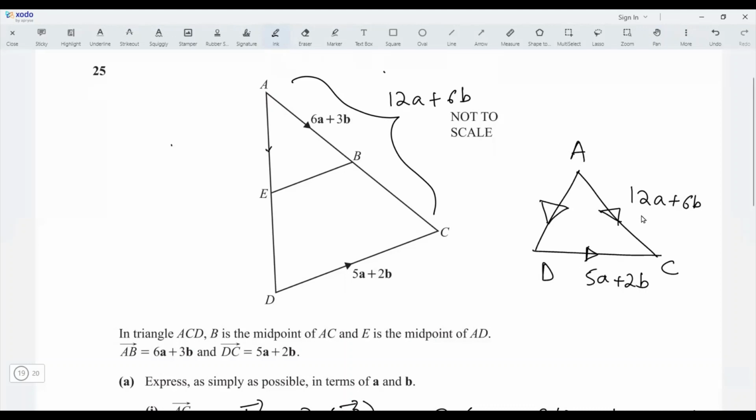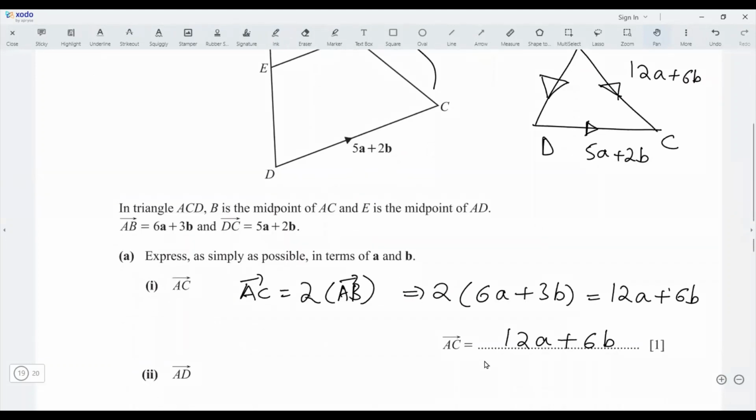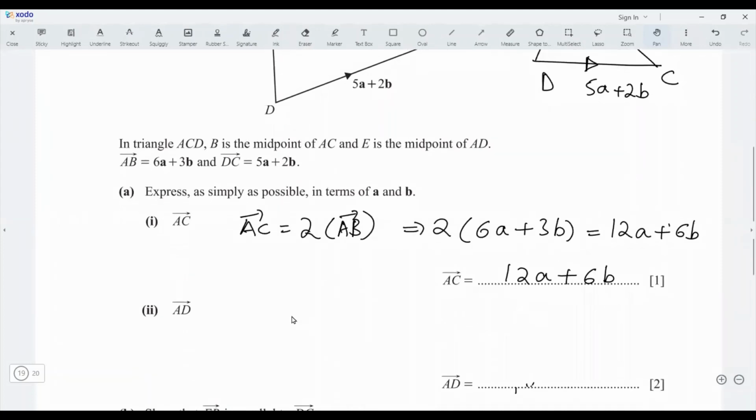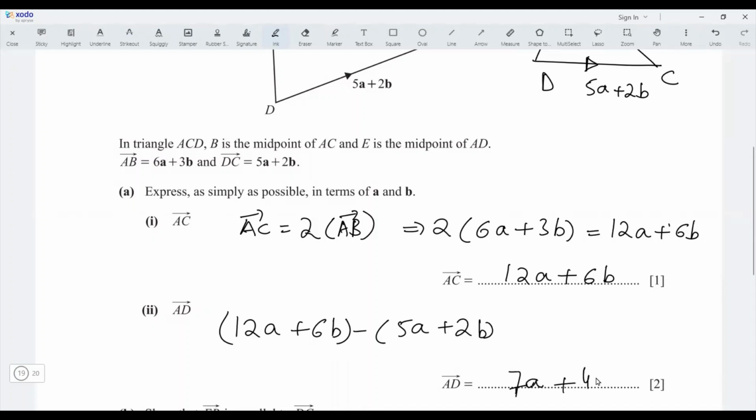So 12a plus 6b must be taken as positive because tails of both vectors are joining, and here a tail and head are joining. So 5a plus 2b will be taken as negative. So 12a plus 6b subtracted by 5a plus 2b. Simply subtracting, 12 minus 5a results in 7a, and similarly 6b minus 2b results in plus 4b.